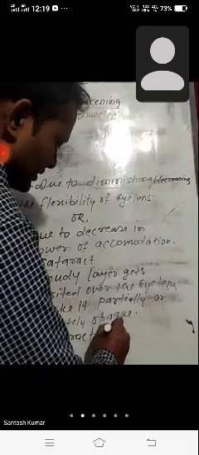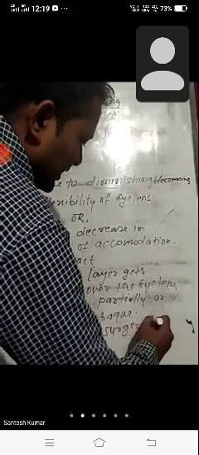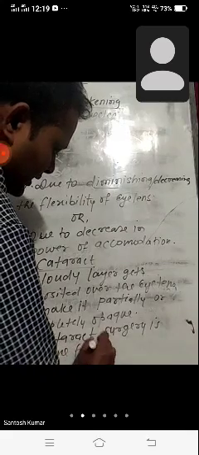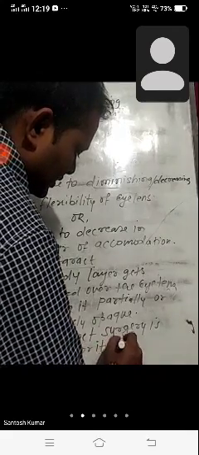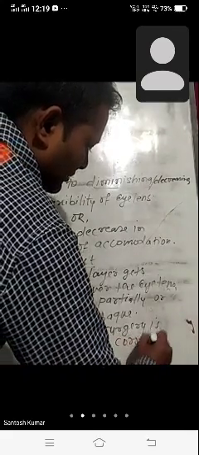So what is its correction? Simply cataract surgery. Cataract surgery is done for its correction. Means simply the eyesight is restored. Vision can be restored by simple cataract surgery.